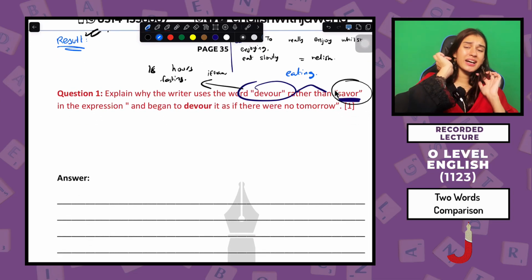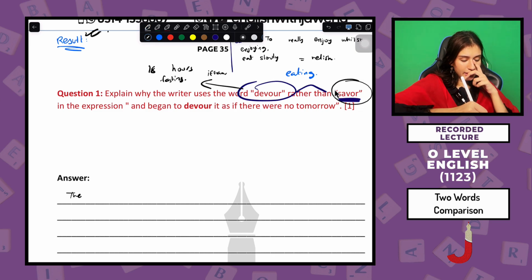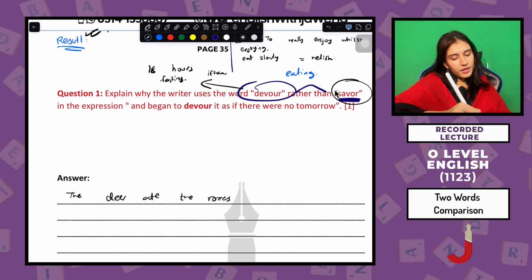You could say: because the deer ate the roses very quickly. Actually, it was just one rose, so you can say that the deer ate the rose very quickly, very hungrily.